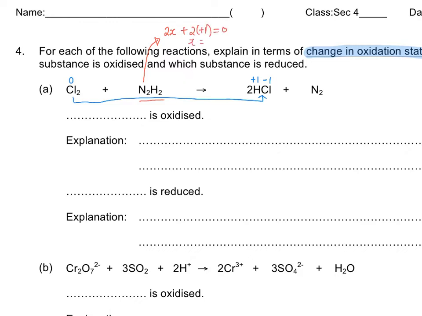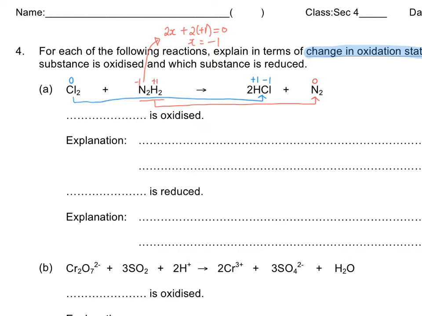So x equals minus 1 if you solve the equation. So nitrogen is minus 1. And when it became N2, the oxidation state became 0 because this is an element. So hydrogen will be plus 1.